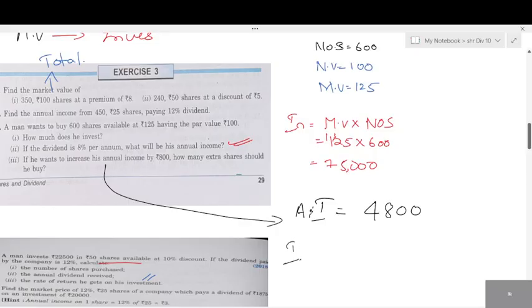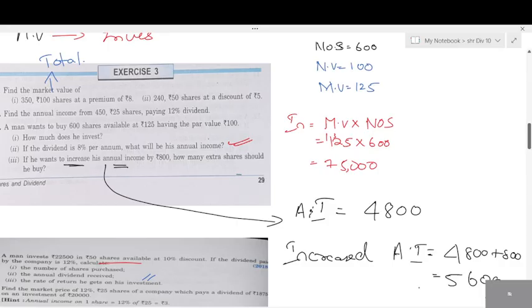He wants to increase it. Increase by how much? So what is the increased annual income? 4,800 plus 800. Your second annual income is not directly given; indirectly they have told us it is increased. His annual income is increased by 800, which means 5,600.